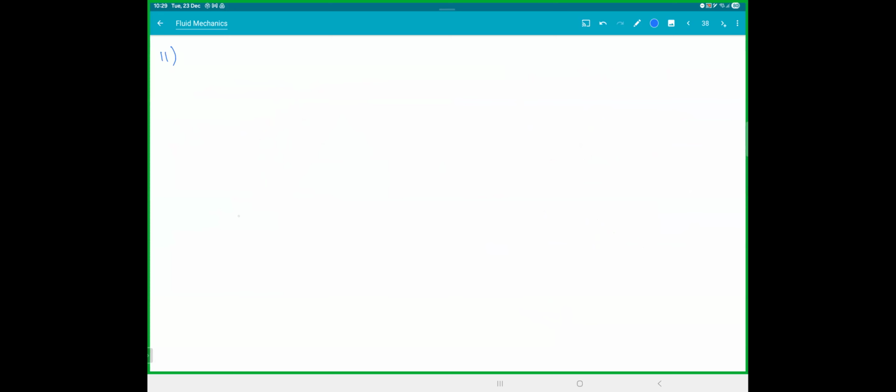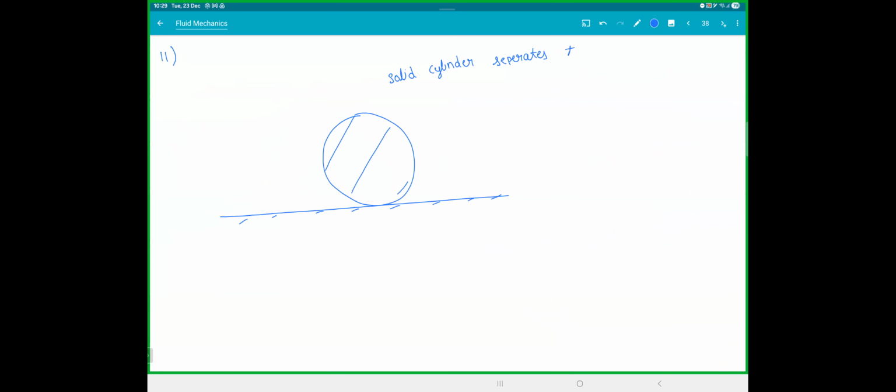So let's say we have a pool. In that you kept a long cylinder. And this thing separates two different liquids. So what you did, you started pouring liquids on both the sides.